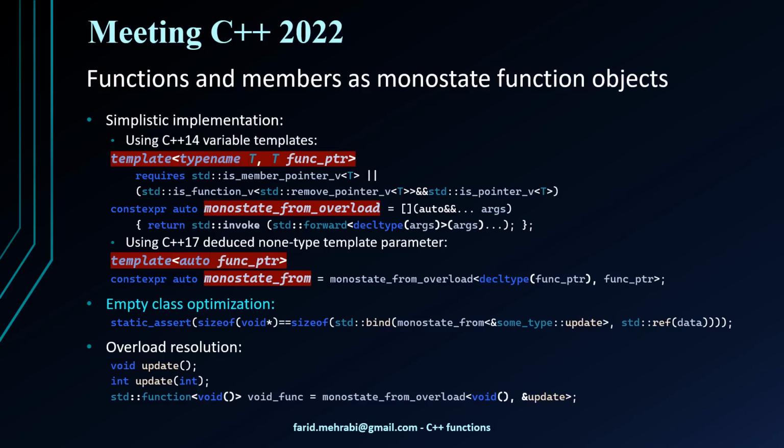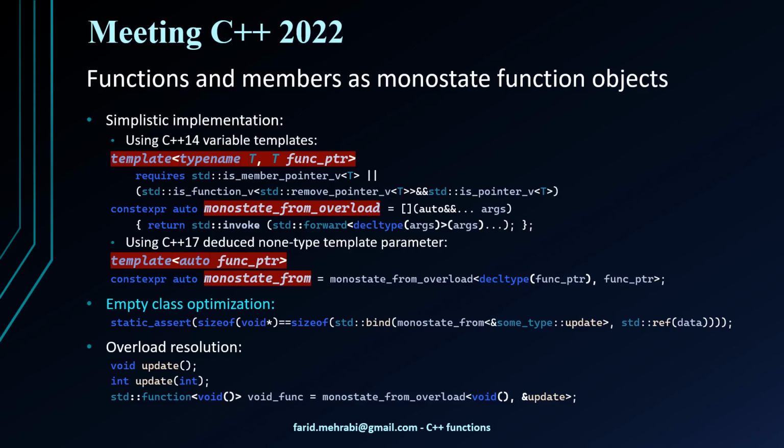This template variable needs the type of a function pointer or member pointer as well as its name as its parameter. C++17 enables us to use the deduced non-type template parameter.